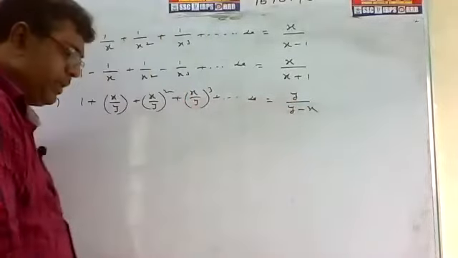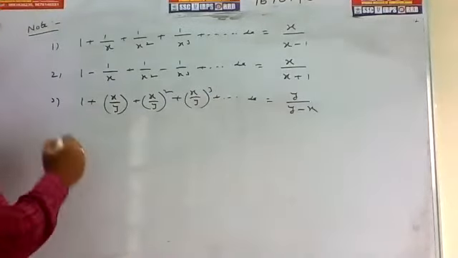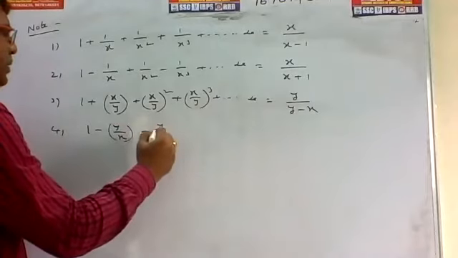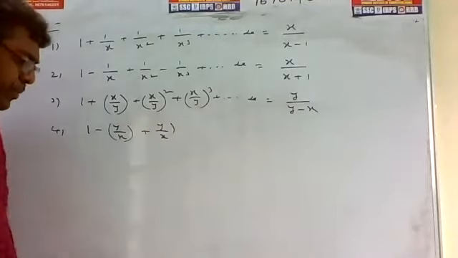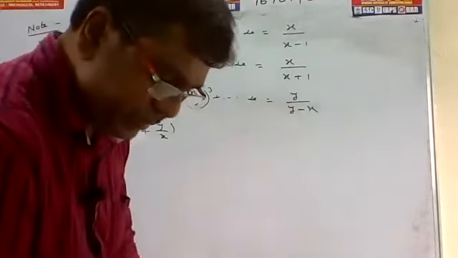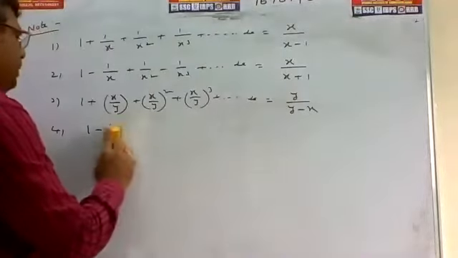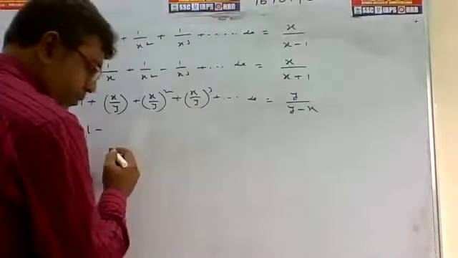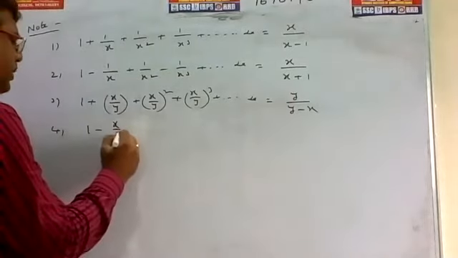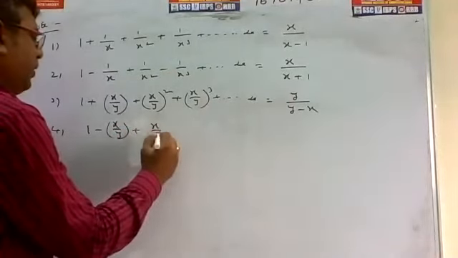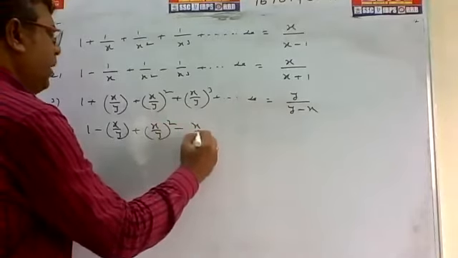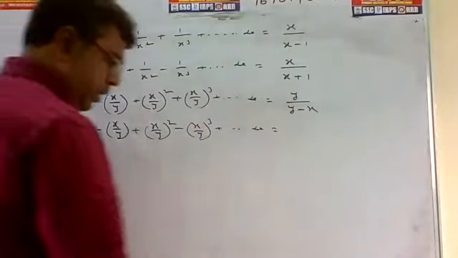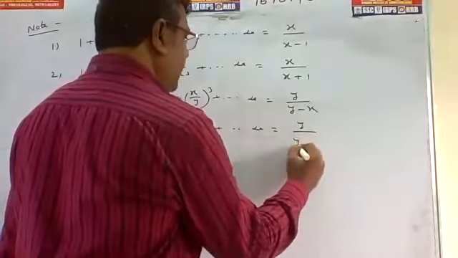Fourth formula: 1 minus x by y plus x by y whole square minus x by y whole cube so on infinity is equal to y by y plus x.